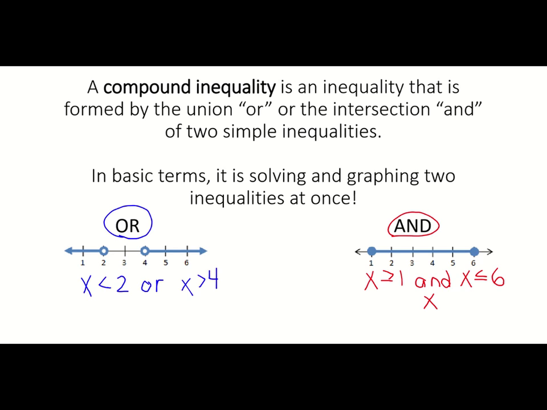So I'm going to have x less than or equal to 6, but x is also greater than or equal to 1. This second statement is telling me that x is between the values of 1 and 6. This is a second way to write it, and when we do examples, we'll see it written both ways. So I wanted to show you both ways.